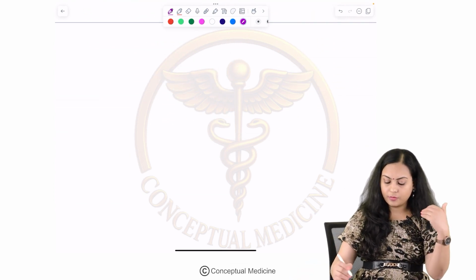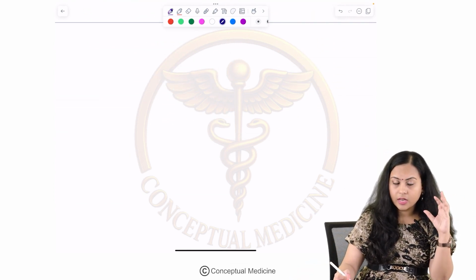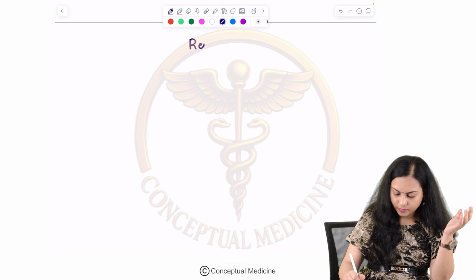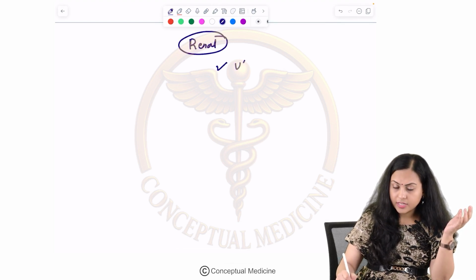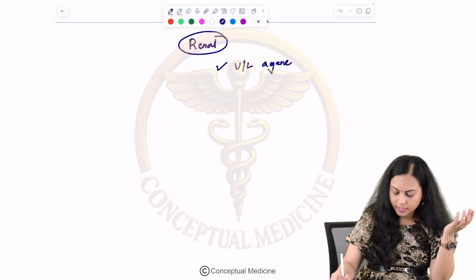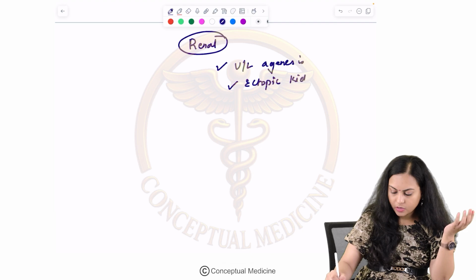So what are the renal malformations you can have with MRKH syndrome? You can have unilateral agenesis of kidneys or ectopic kidneys or even horseshoe kidneys.